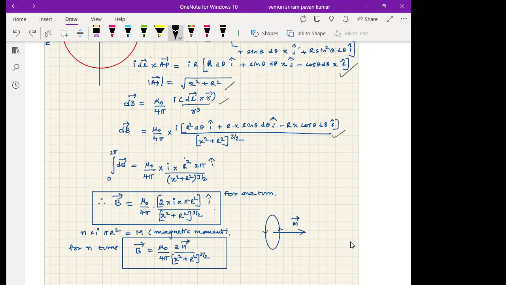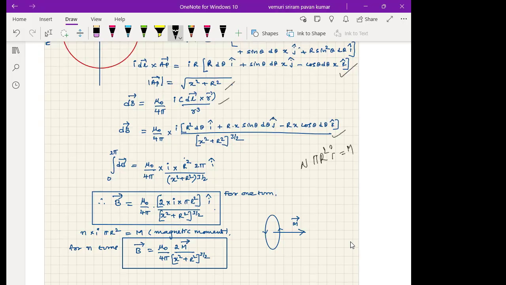Don't forget, pi R square I is magnetic moment. If there are N turns, that is the magnetic moment. If there are N turns, you will write this like this. B bar is now mu naught by 2 pi, 2 m bar by (x square plus R square) whole to the power of 3 by 2.